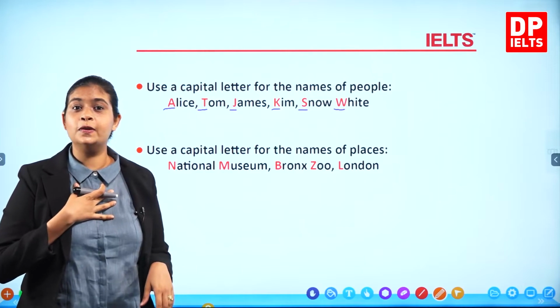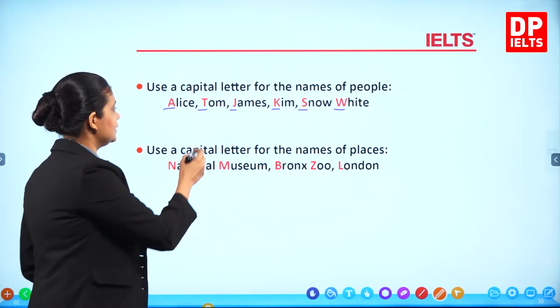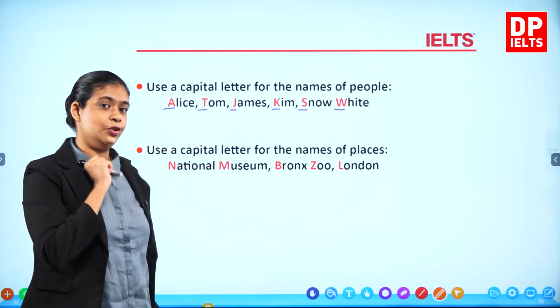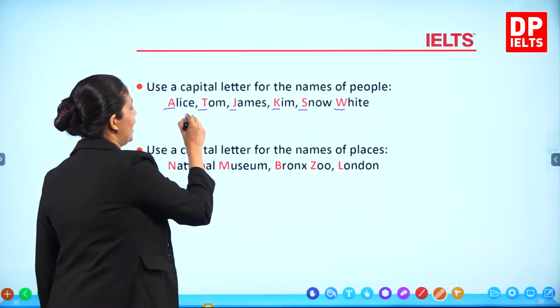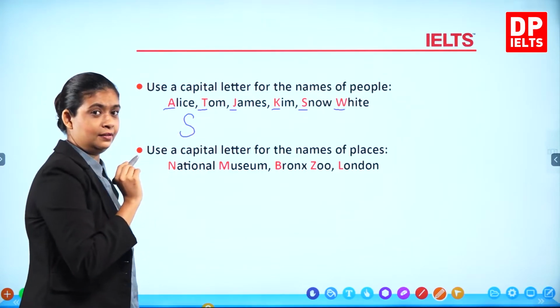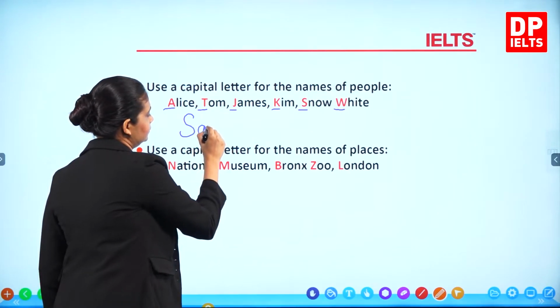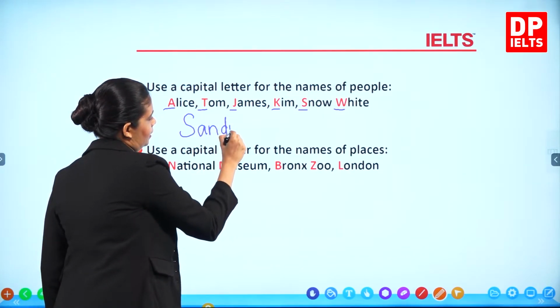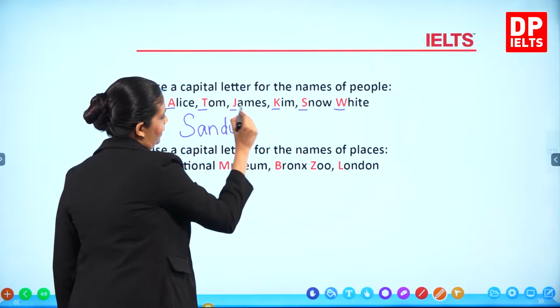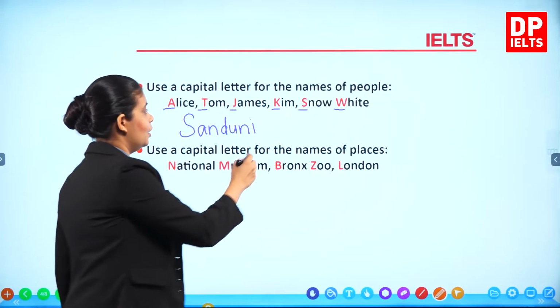So for example, if you take my name, right? My name is Sandhani Udwana, right? So S is capital, so it's bigger than the other letters. N, T, U, N, I. Okay.